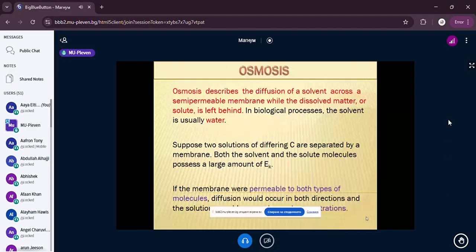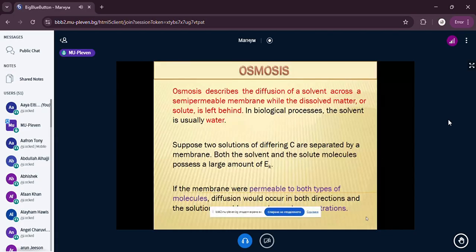Both occur along a concentration gradient. Both are spontaneous processes, which means that both use internal but not external energy. These are similar. What are the differences?